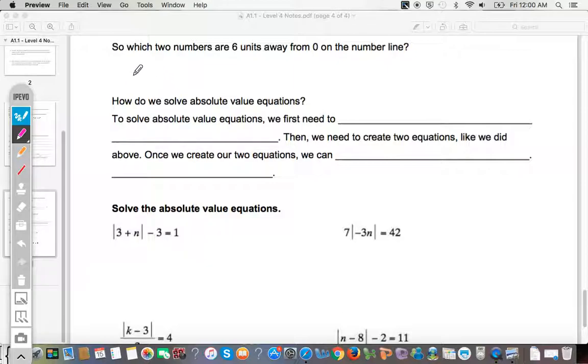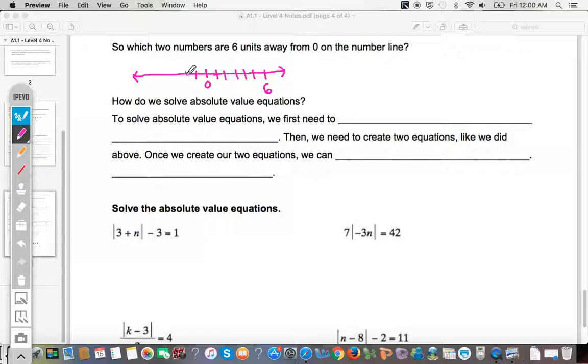So, let's see, I'll draw a number line here. I'll put 0 right in the middle. So if I go 1, 2, 3, 4, 5, 6, we know that 6 is 6 units away from 0 on the number line. But we also have to go in this direction.